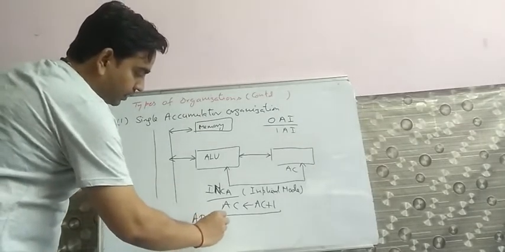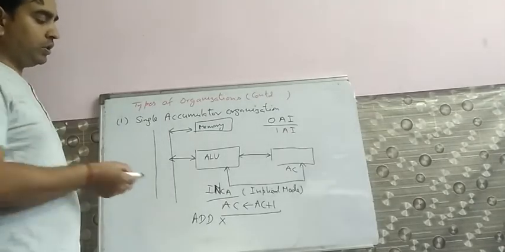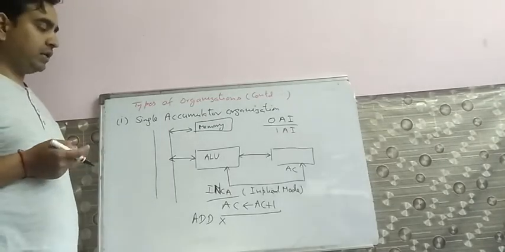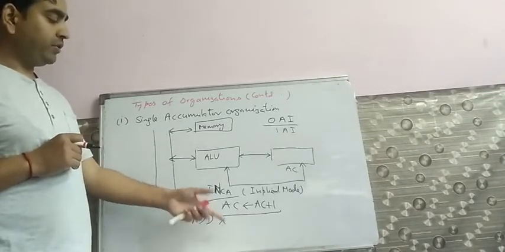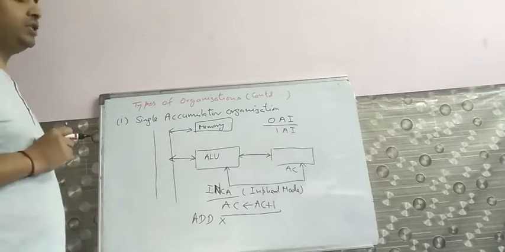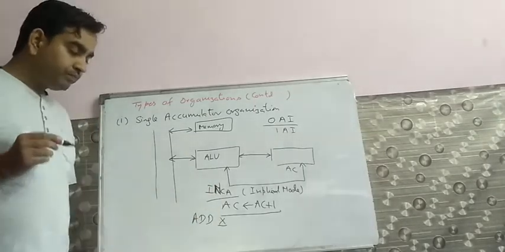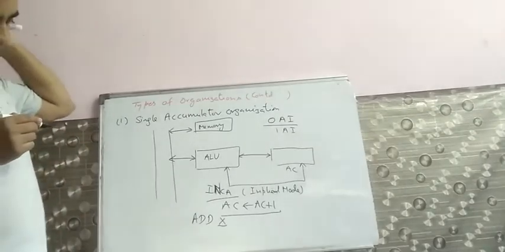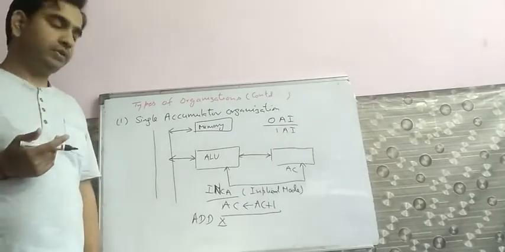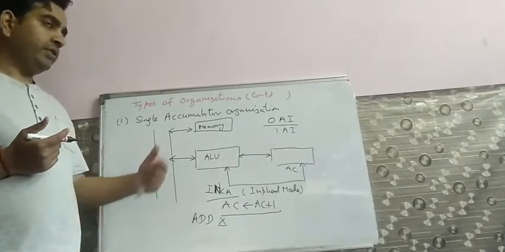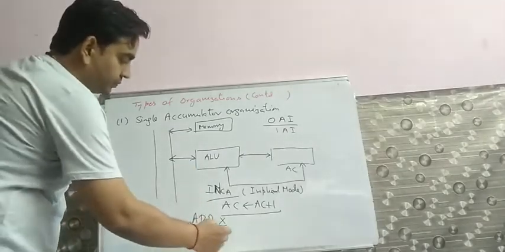this, add X. In this instruction, we can see that one address is given. The operation is addition, and only one address is given. So this is an operand. But we know that for addition we need two operands, and we are given only one. Then what does it mean?